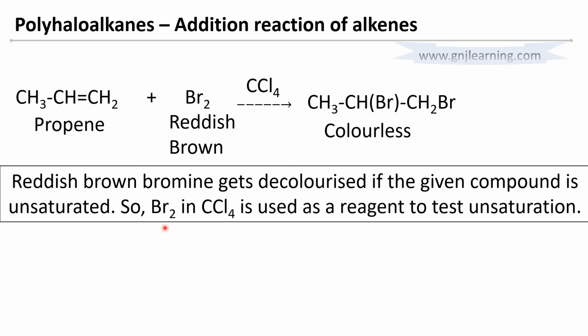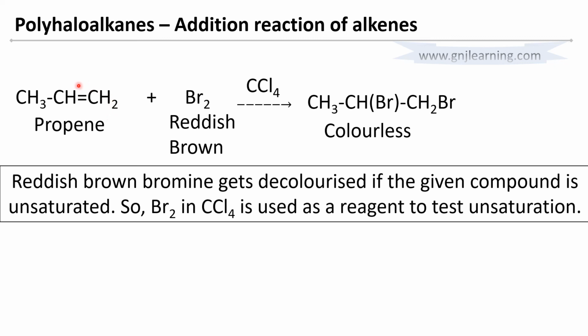So in the lab you use this combination, bromine in CCl4, to see whether the compound is saturated or unsaturated. If I am adding bromine and the color is gone, it means the given compound is unsaturated. So if we are given a compound in the lab and bromine dissolved in CCl4 is added, and the color is gone, that means the compound contains a double bond or a triple bond.